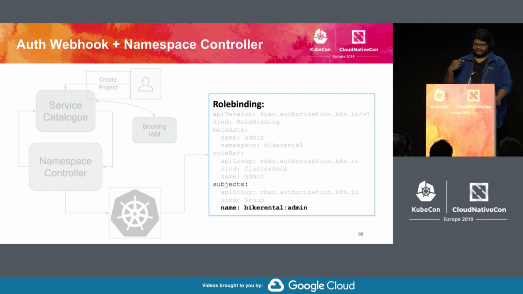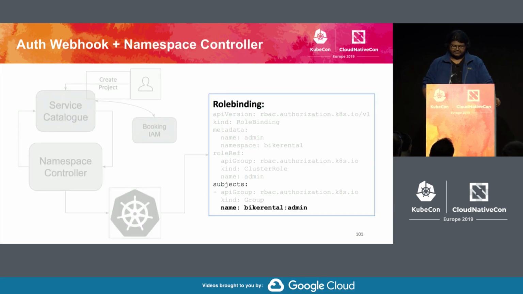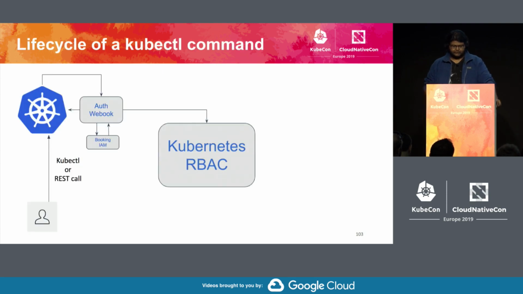This kubectl:admin group that you can see here was asserted dynamically in the auth webhook when the request was sent, and this example response was returned by asserting this kubectl:admin group. And that's how the role binding object in the namespace will authorize this request. So this is how Kubernetes RBAC will allow or disallow this request based on whether the user has permission in this namespace or not.